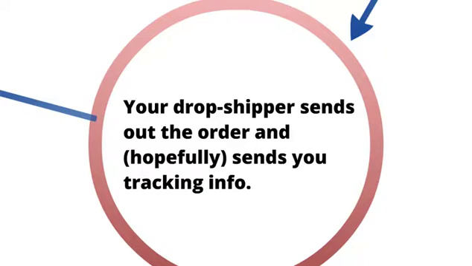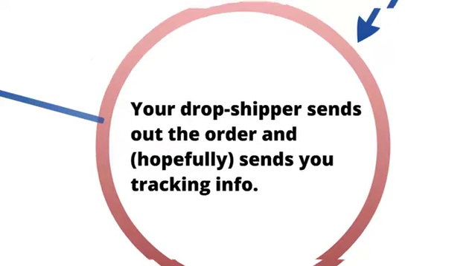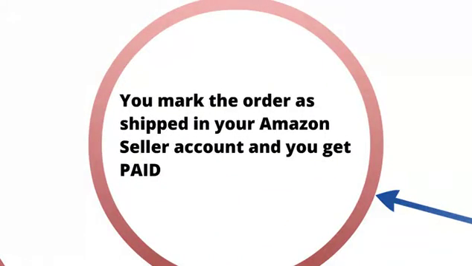And then your dropshipper is going to send out the order to the customer, and hopefully they'll send you some tracking information. It's good to have tracking information because it keeps Amazon happy and keeps customer service issues from happening, but sometimes you don't really have that luxury depending on the dropshipper that's sending your products.